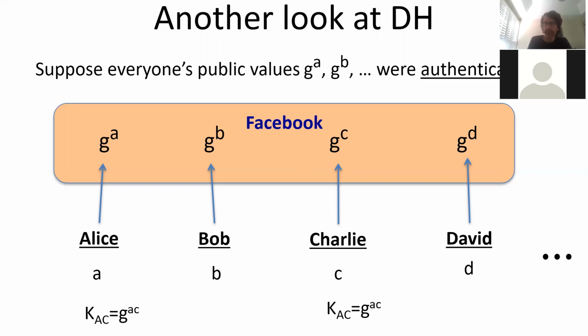So once people send these Diffie-Hellman messages, any i with any j can complete this. For example, for Alice and Charlie, the key they would share is g to the ac.